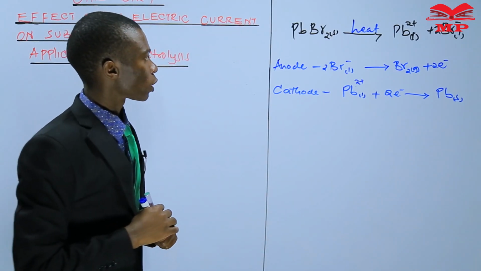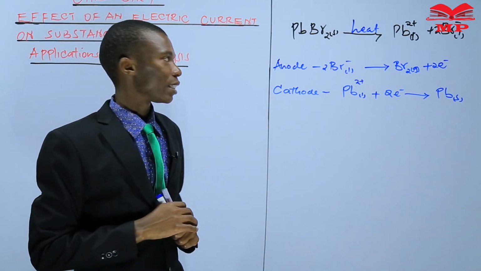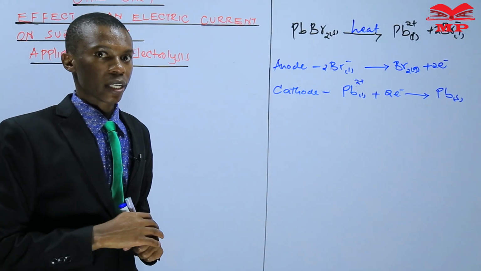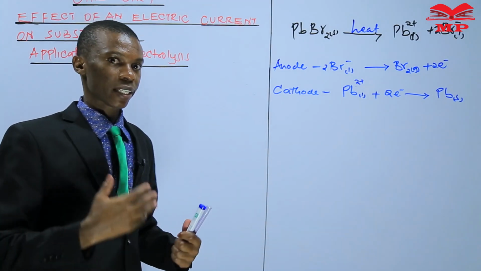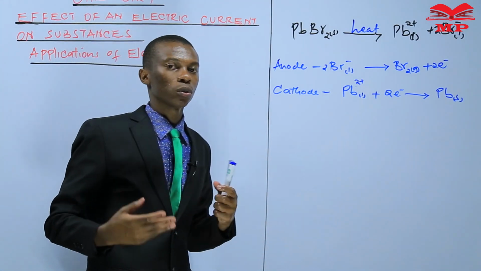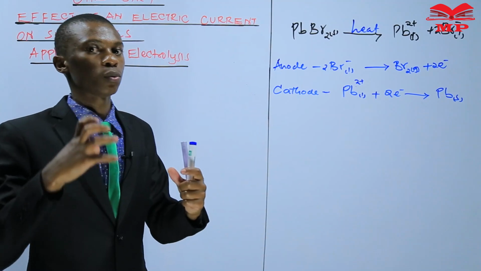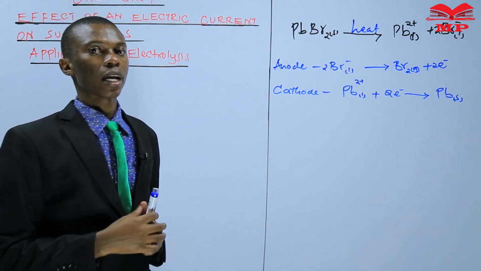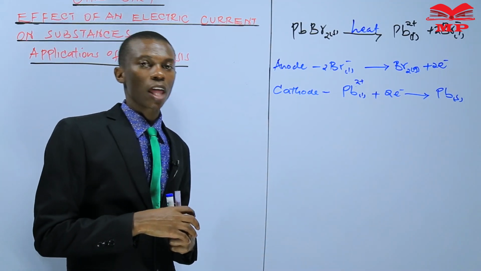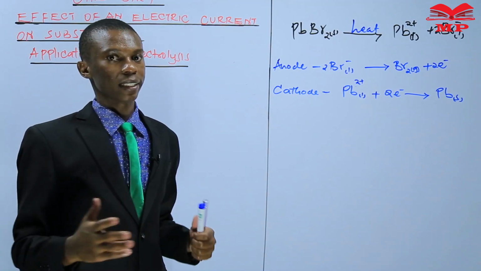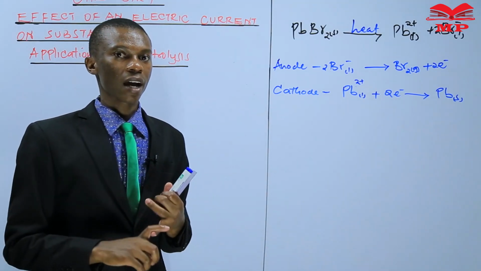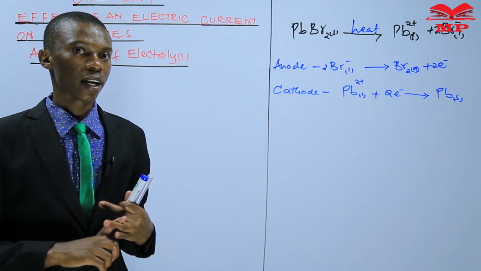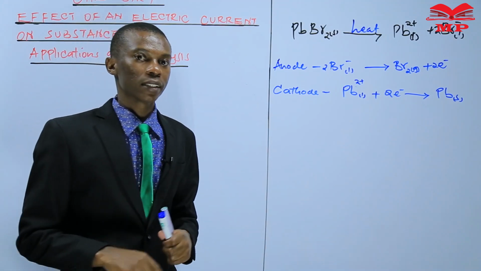Those are the equations of what happens at the anode and the cathode. I hope you got that very clearly, and ensure that you practice more on that so that you are able to write the equations at both the anode and the cathode correctly. Ensure again they have the physical states and they are also balanced.